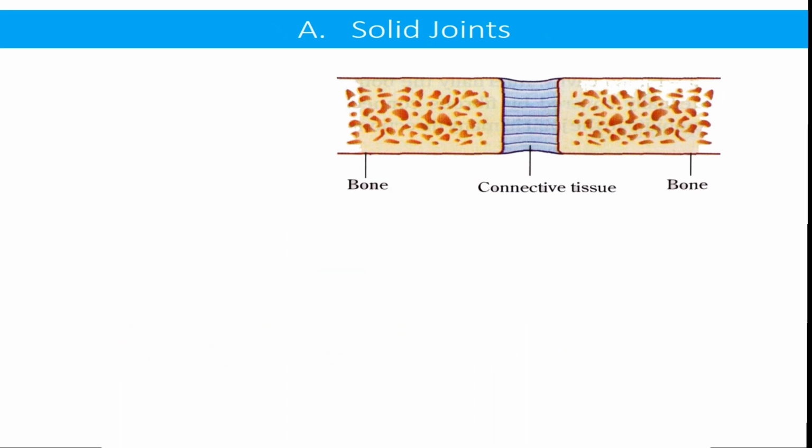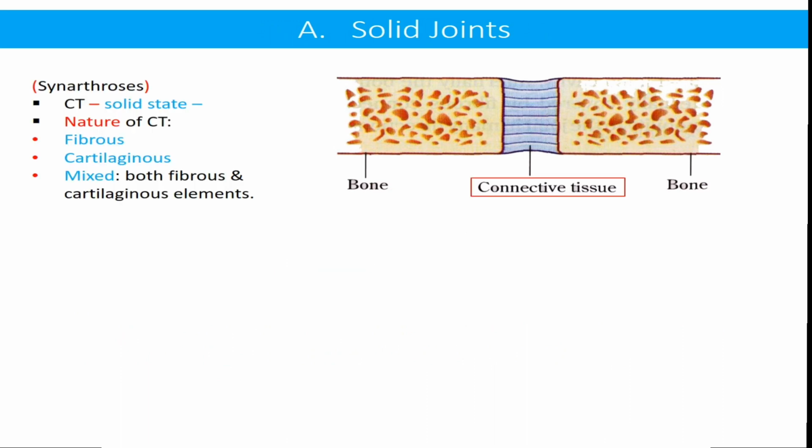We start with the solid joints, which are also named as synarthrosis. In these joints, connective tissue is present in a solid state. Hence, the nature of the connective tissue between the bones may be fibrous, cartilaginous, or both fibrous and cartilaginous, that is mixed one.